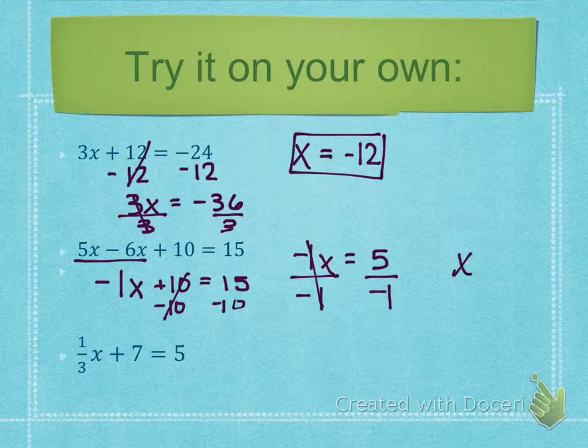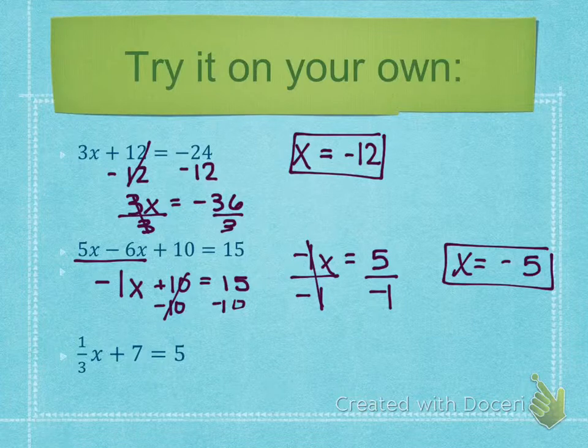And what does x equal? Negative 5. Very good. So you subtract 10, you don't add it? Right, because 10 is being added, so I have to subtract it. I do the opposite. Yep. It's negative 5.